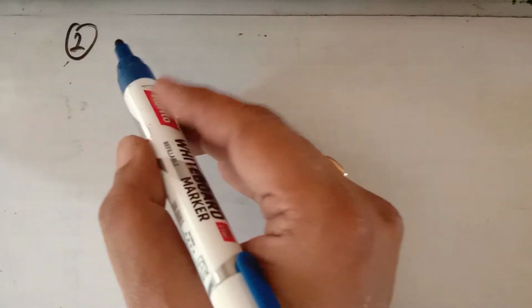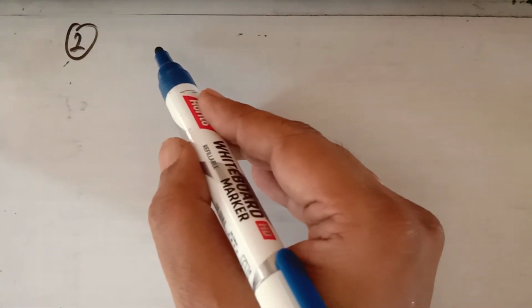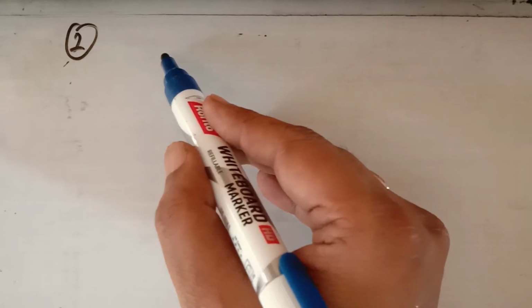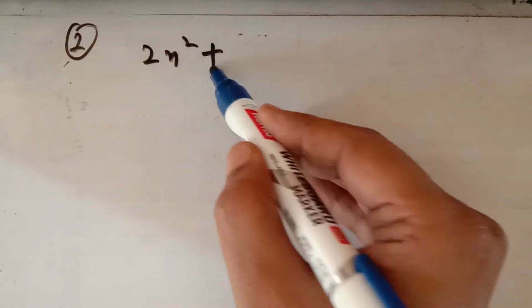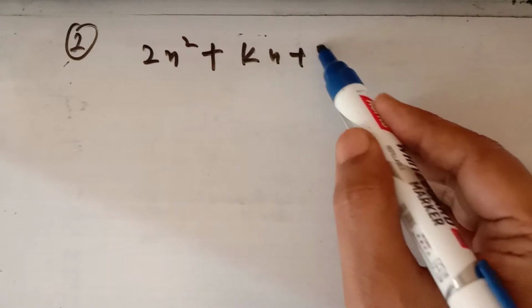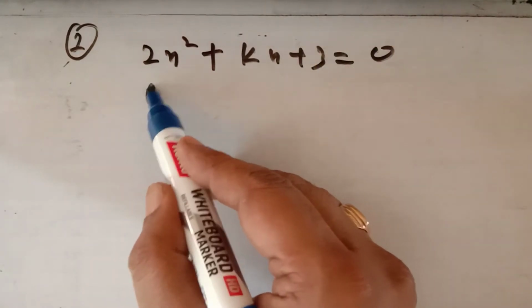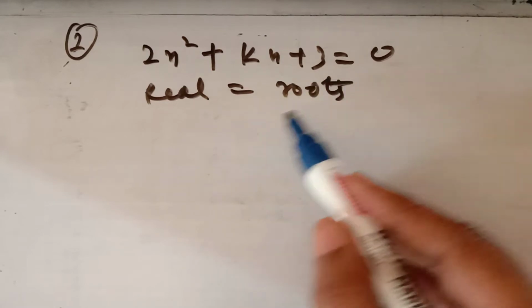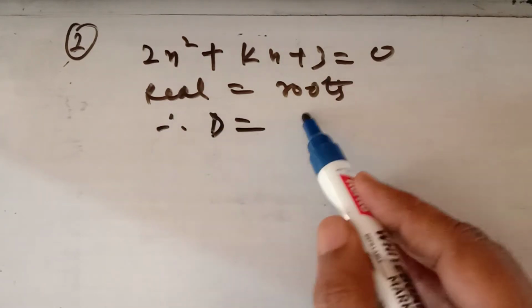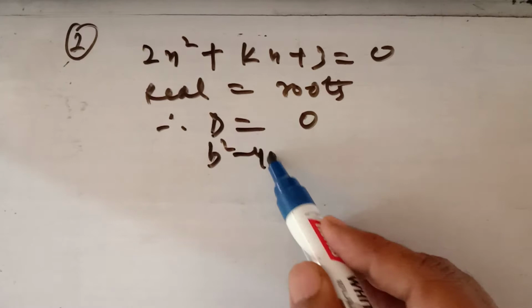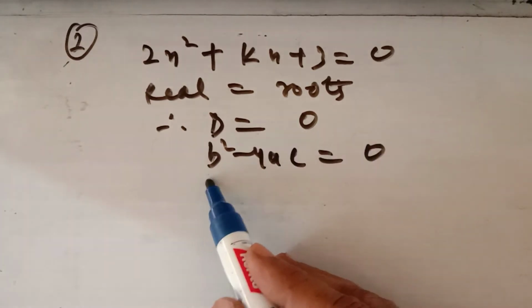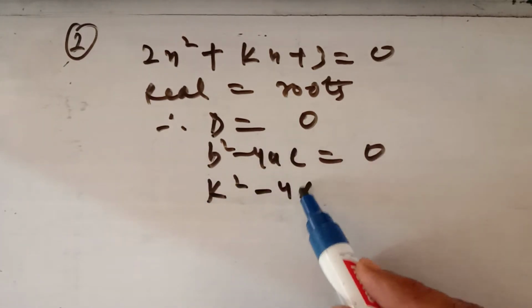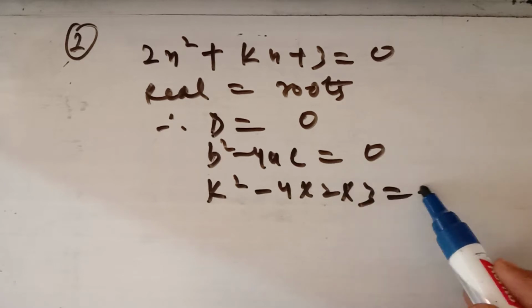Now in question number 2, find the value of k for which each of the following equations has real and equal roots. It is given in this question that the roots are equal. So because real and equal roots are given, the discriminant will be 0, that is b square minus 4ac equal to 0, where b is k here, minus 4 into a into 3 equal to 0.